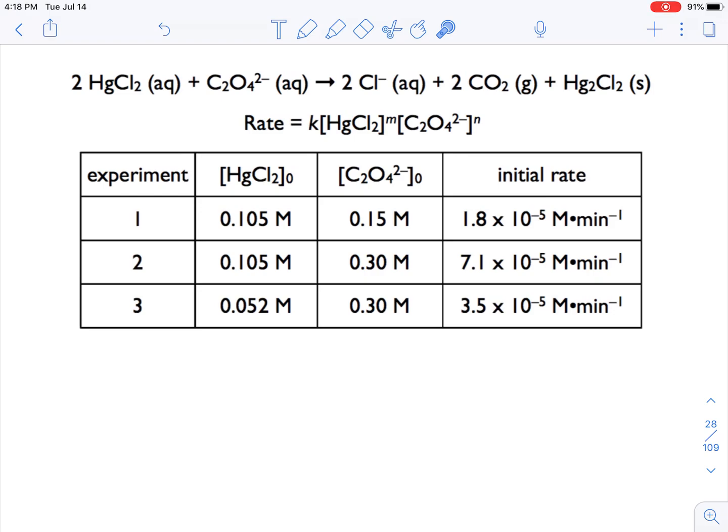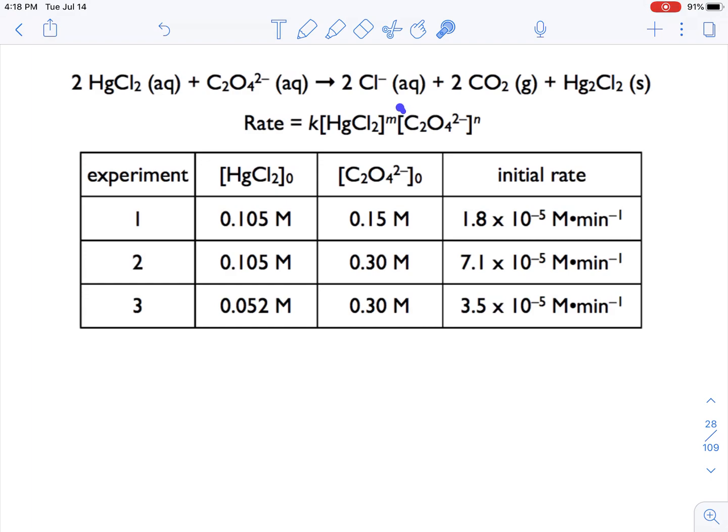I do want to note that unlike relative rates, method of initial rates, writing the rate law, does not utilize the coefficients of the reactants in a balanced chemical equation. So never ever use the coefficients of a balanced chemical reaction to determine the orders of reaction, which is M and N. Sometimes your calculated value for M and N will reflect the coefficient, but that's just born out of a coincidence.